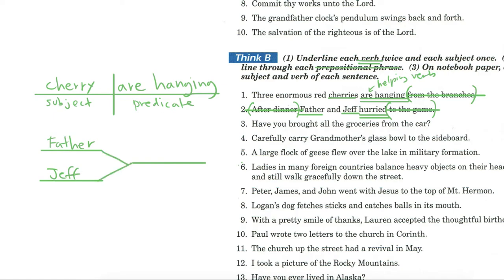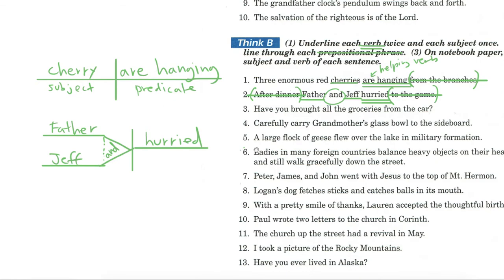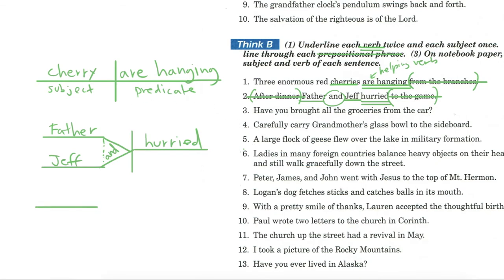Since they're connected by the word and, draw a dotted line and write the word and. Draw the wall, where the rocket crashes into the wall, and write in my verb, hurried. It's a good idea to draw lines first for how many subjects, then a line for each verb in the sentence, and then start diagramming your sentence.